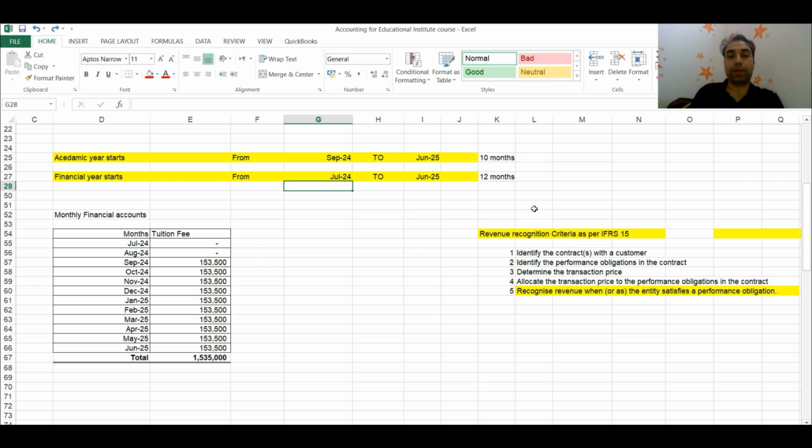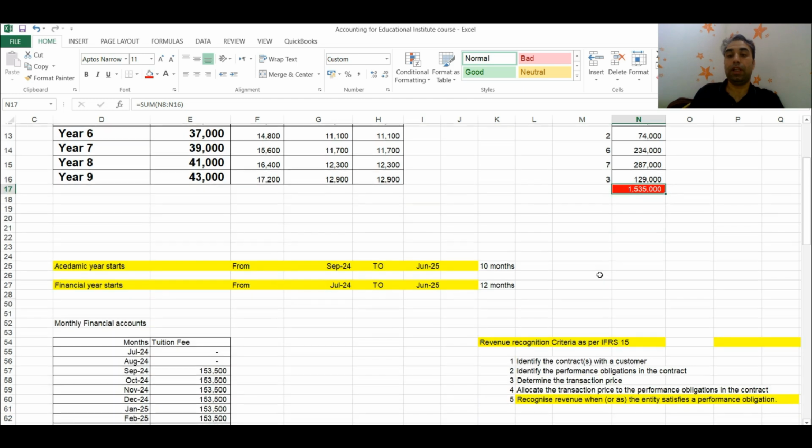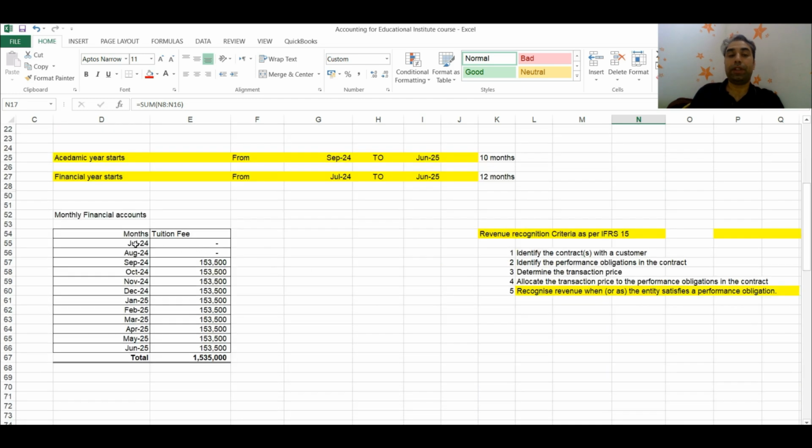Here, if our total fee was 1535 for the full year, for the full school, but if we distribute it into months, we haven't recognized any in the month of July and August. However, we have recognized it in the coming months.